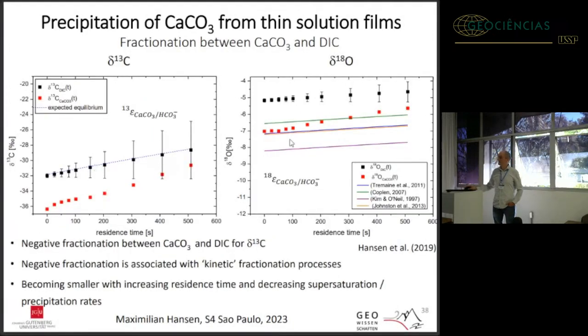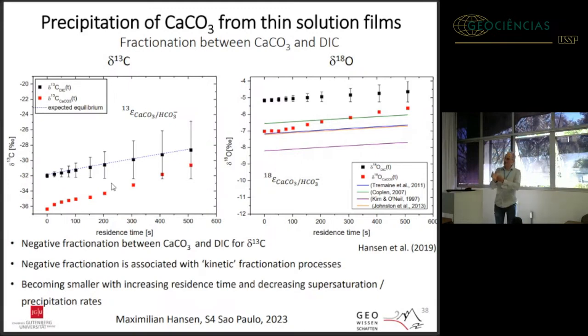This is an example for 20 degrees Celsius. And what you see here is again the residence time of the solution, and the different isotope values from the DIC and from the calcium carbonate. These values have a large error. And I can explain why: as I told you, we scratched off the samples for the same distance of flow.